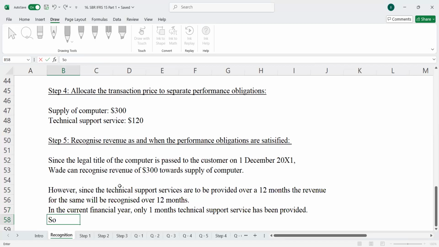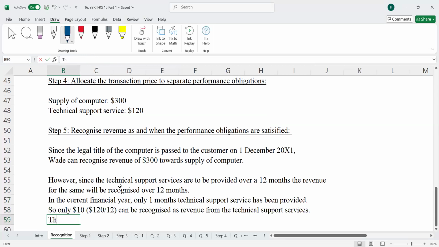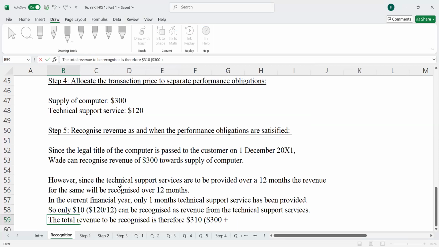So only dollar 10, that is dollar 120 divided by 12, can be recognized as revenue from the technical support service. The total revenue to be recognized is therefore dollar 310, which is dollar 300 plus dollar 10.